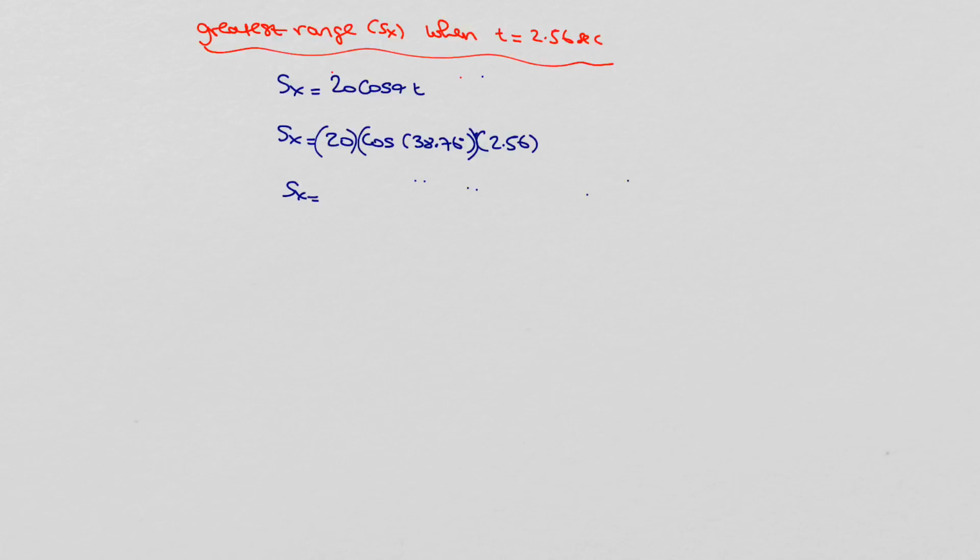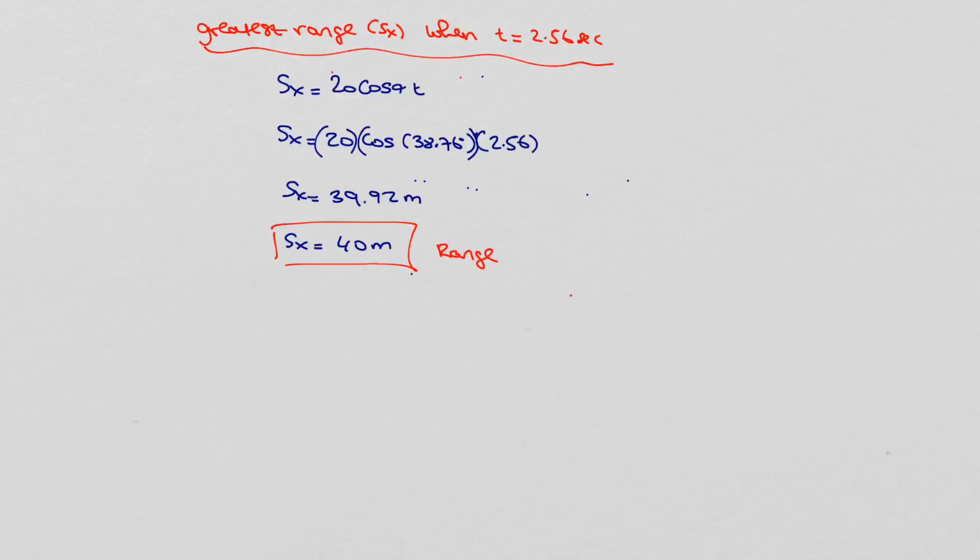So we have 20 times cos 38.76 times 2.56, and that gives us 39.92. And that's meters, but of course the question clearly stated correct to the nearest meter. So the answer then is 40 meters for the range.